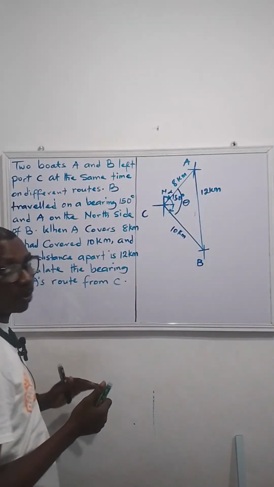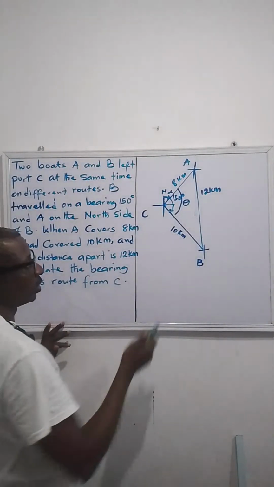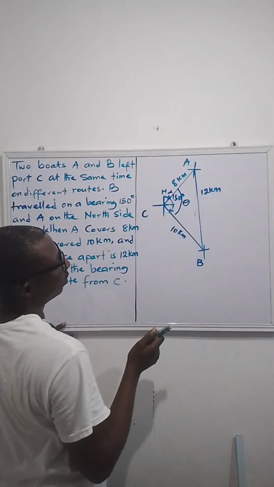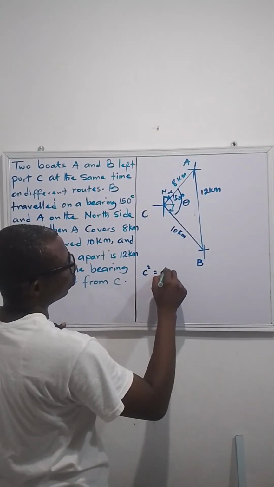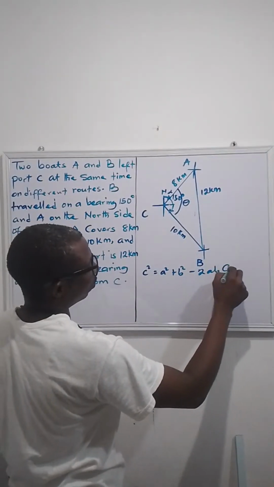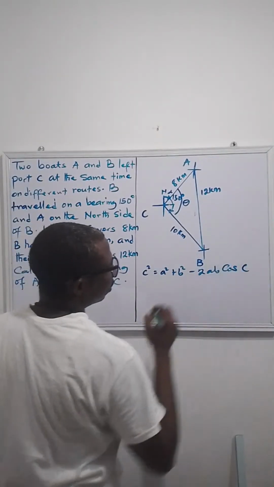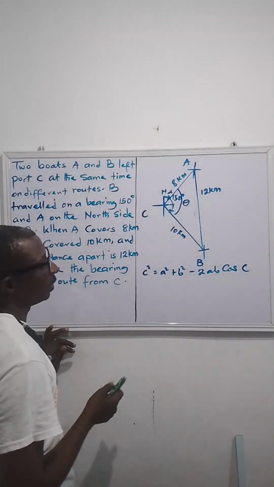What formula are we going to be using? We are going to be using the cosine rule, since we have an included angle. So we have c squared equals a squared plus b squared minus 2ab cos C. This is the formula we're going to be using.